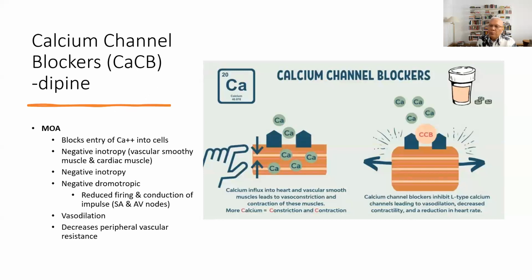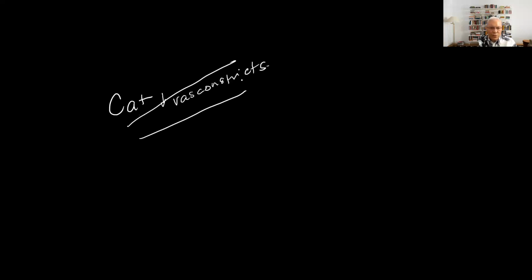Well, in order to produce contraction, calcium is going to be released into the sarcoplasmic reticulum. And what happens when calcium enters into the vasculature is it causes vasoconstriction because it constricts or contracts smooth muscles. Now, whenever we block this effect, then we get the opposite.